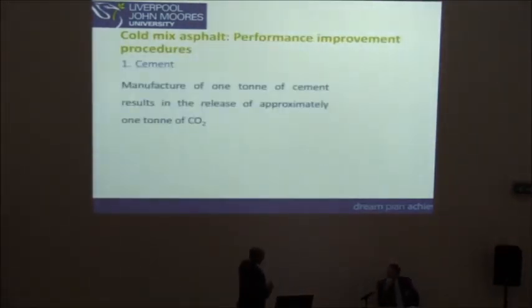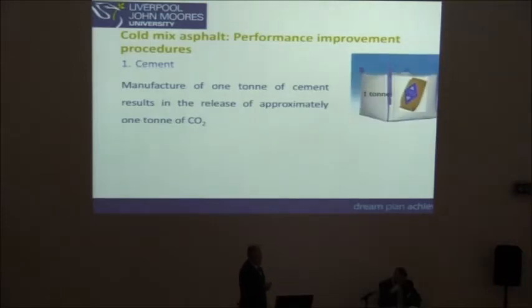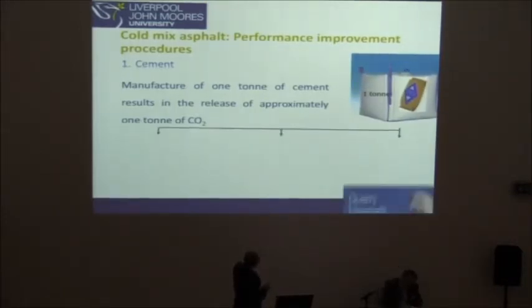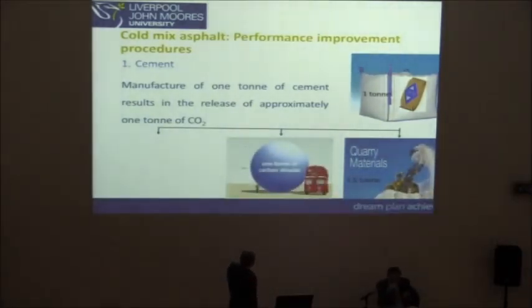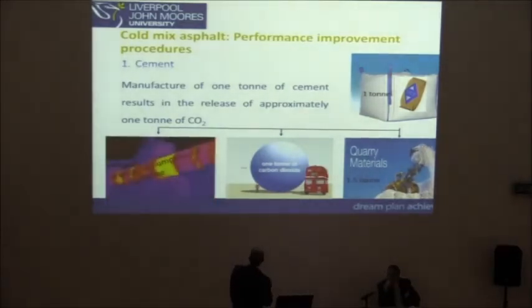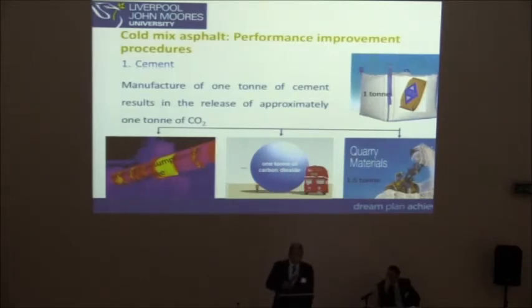To improve the performance of cold mix, OPC, cement, is used widely to enhance the performance, but to produce each metric ton of OPC, we need 1.5 tons of raw material, and there will be about 1 ton of CO2 emission, and we need energy of about 5.6 gigajoules per ton.